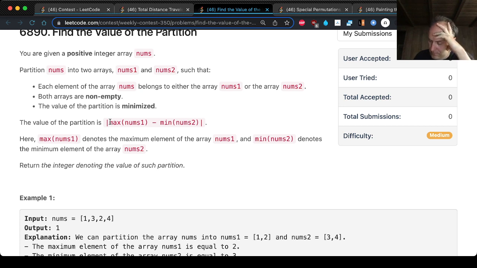Maximum. So we have 100 minus 10 equals 90. What about 101? That's 99. What else? 90, 99. That's the two possible solutions.